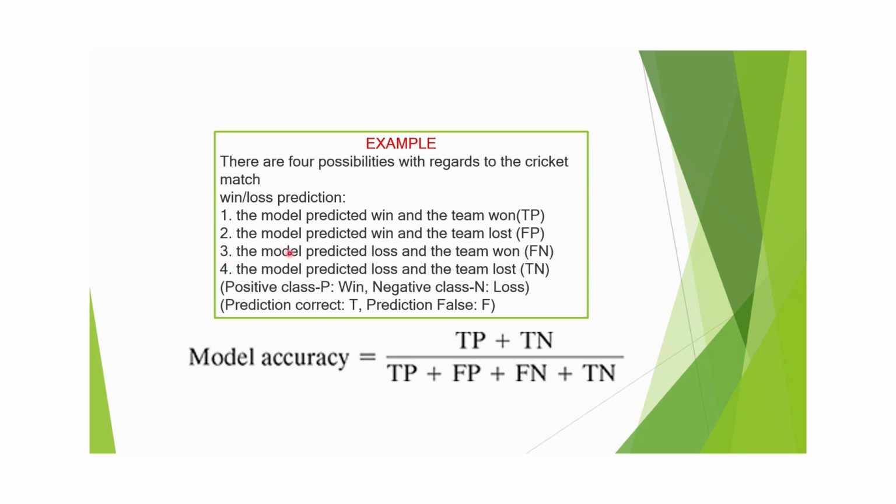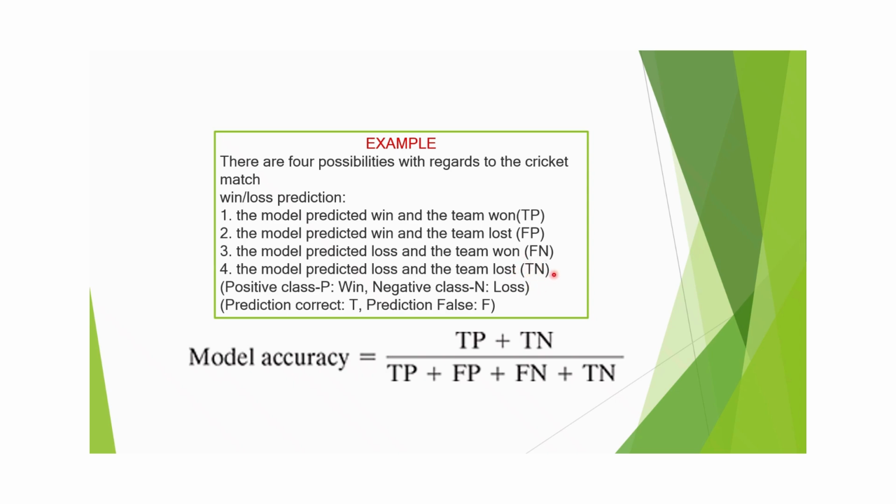The model predicts a win and the team loses. Then it is called a false positive or FP. The model predicted loss and the team won. Then it is called a false negative. The model predicted loss and actually the team has lost, then it is called a true negative.